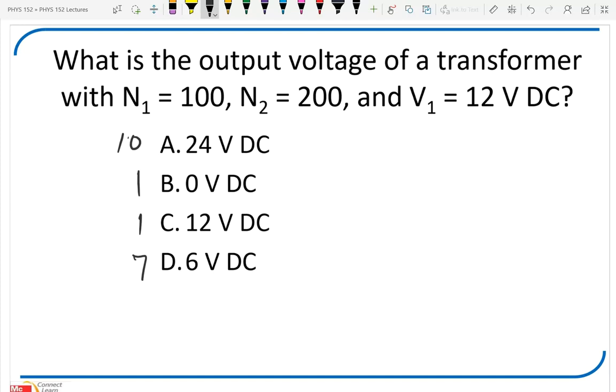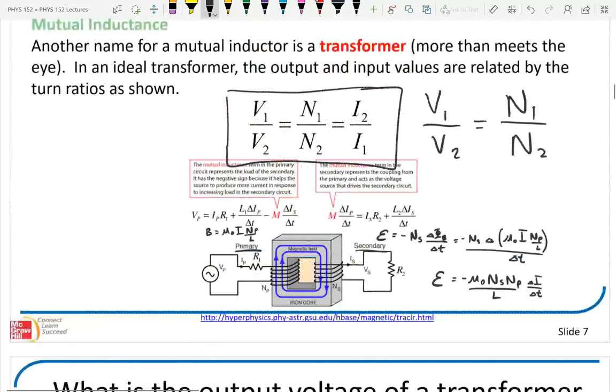Why? Because if you have twice the amount of turns you think it will cut it in half. Okay, we had V1 over V2 is N1 over N2, right?